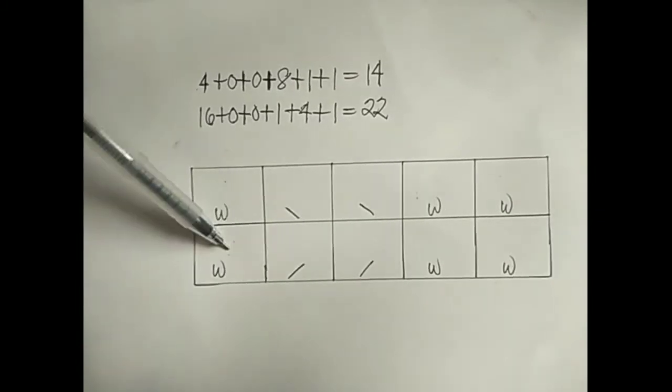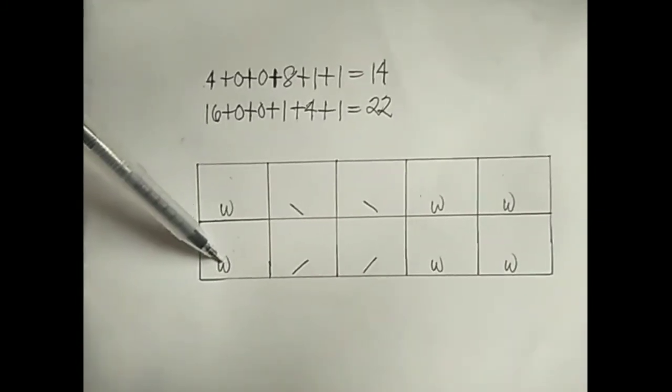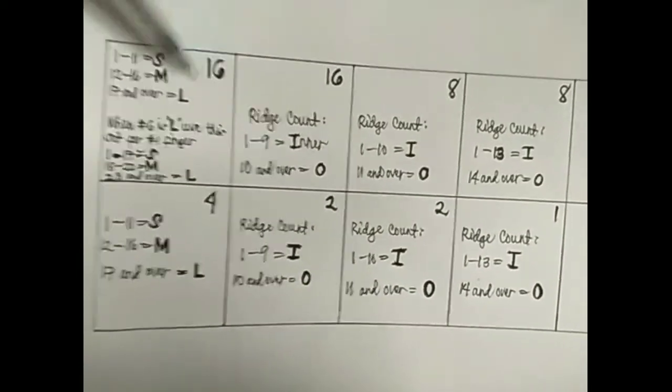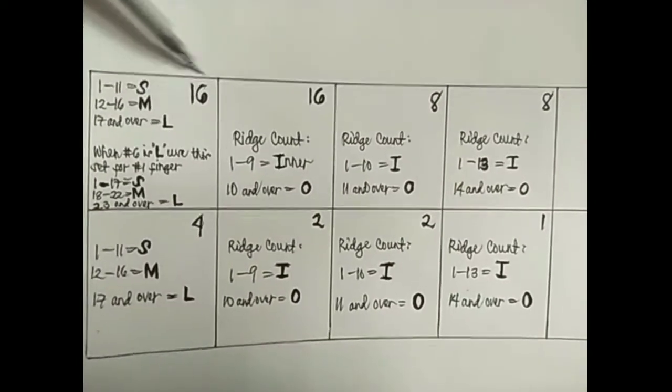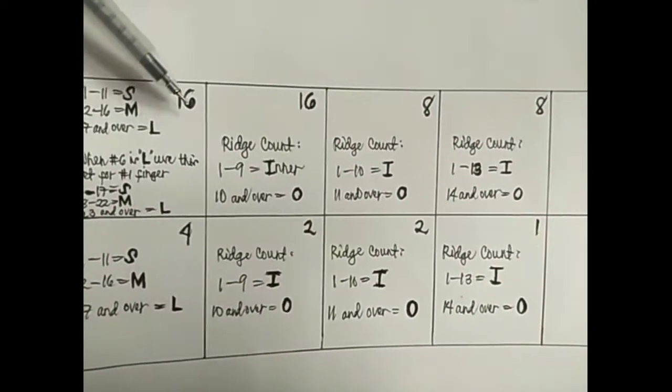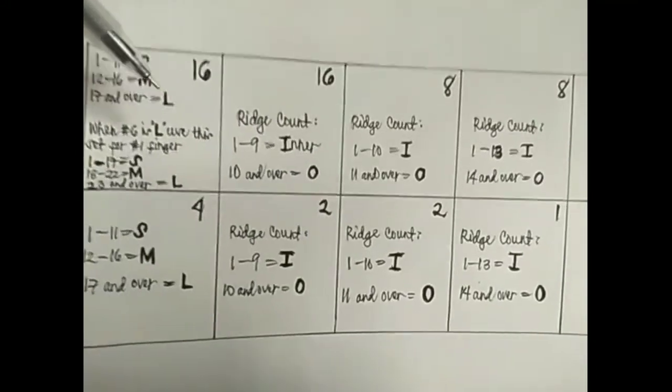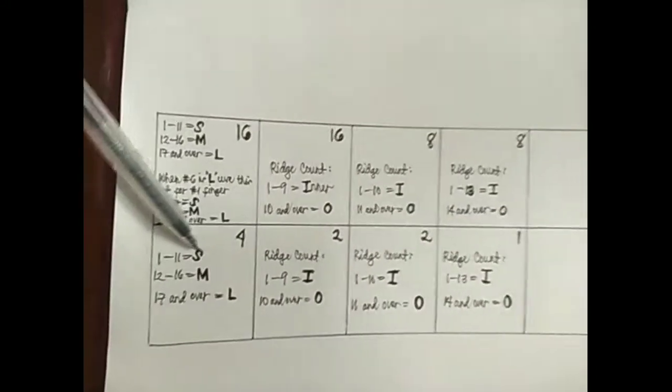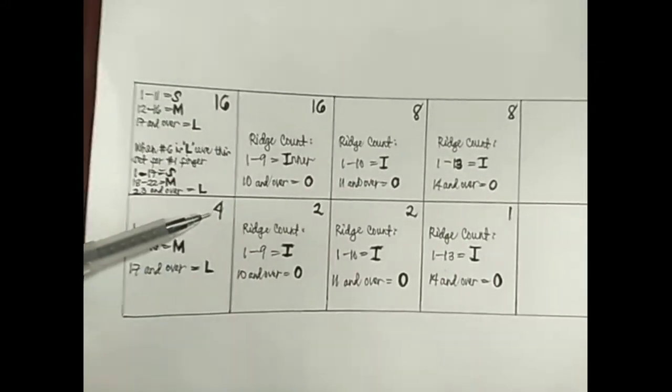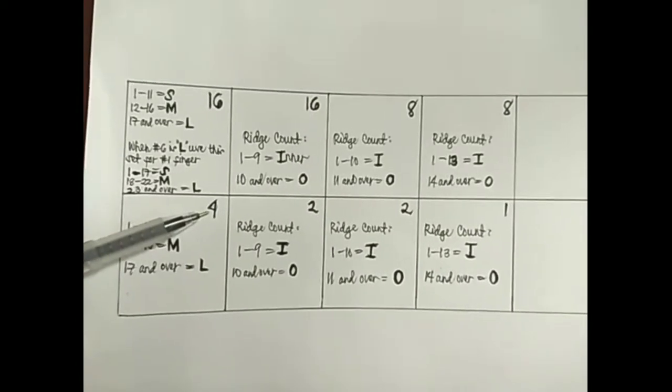So we will determine the finger value of finger number 6. The digit written in the upper right of the box is the finger value. So the finger value of finger number 6 is 4. So we write here 4.